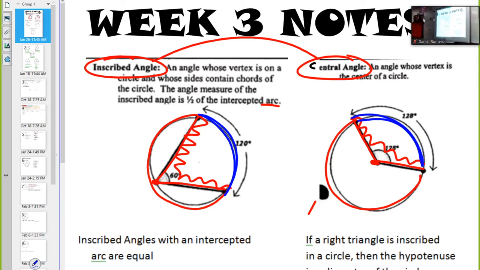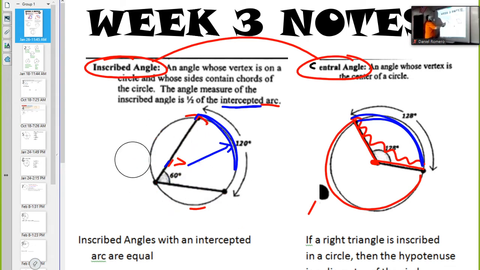If you know the degree measure of an inscribed angle that's creating that mouth, the arc that it is intercepting, now I say eating, but really the correct word is intercepting, the arc that's in between its jaws is going to be double the measure of the inscribed angle.